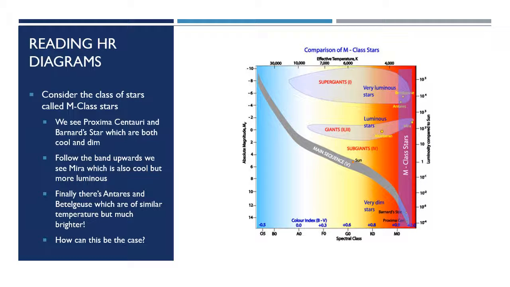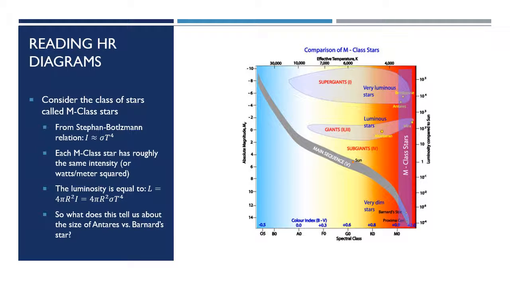You see some down in the bottom right. There's Barnard's star, and Proxima Centauri, and they have a particular temperature. But if you follow that band going up higher, they have the same temperature, but they're much, much brighter. How could it be that two stars have the same temperature, but one's much brighter?